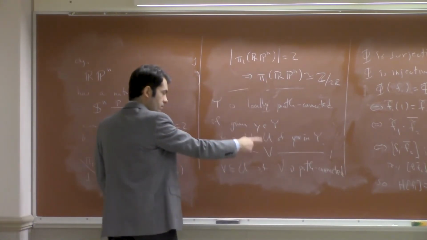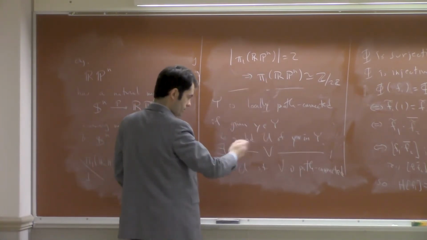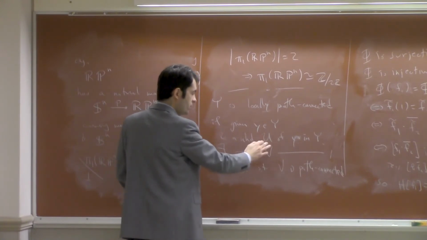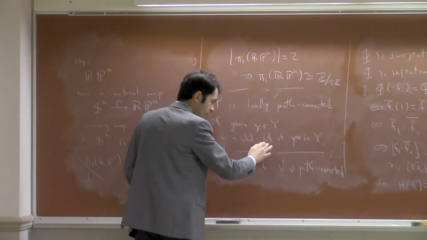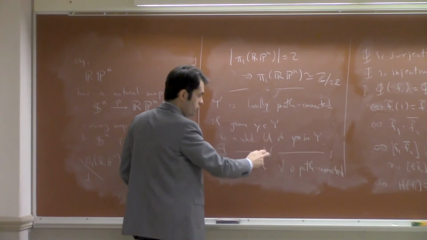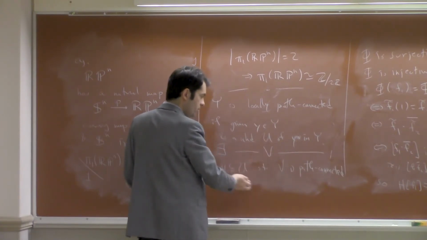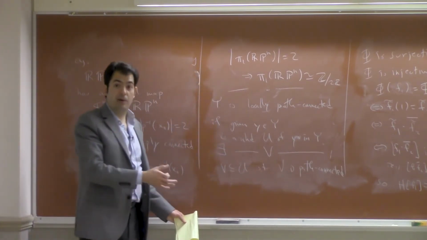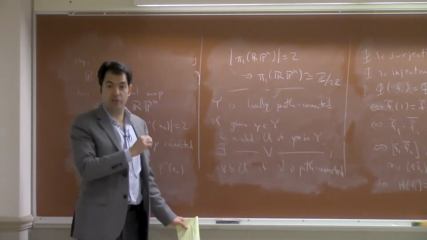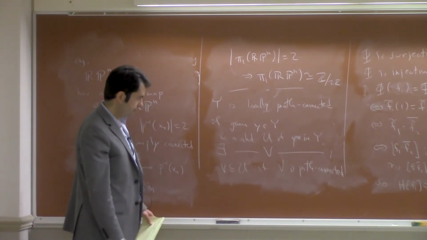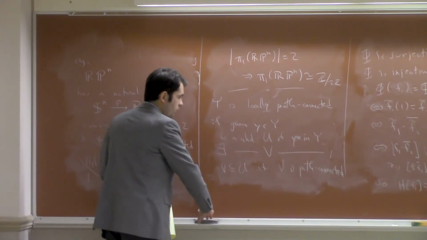Right. So this requirement that given a U, there is a V inside it so that it's path connected, this is how we make sense of arbitrarily small neighborhoods. So that's what we mean by locally path connected.